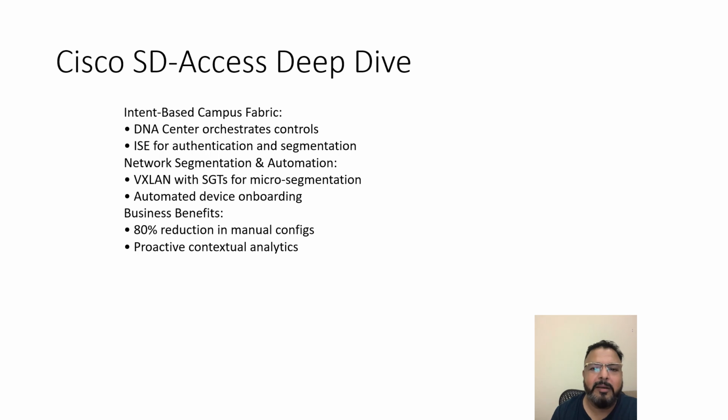Let me sum it all up. Cisco intent-based campus fabric is not just a set of tools. It's a new way of running your campus network, a way that is very smart, secure, and always ready.